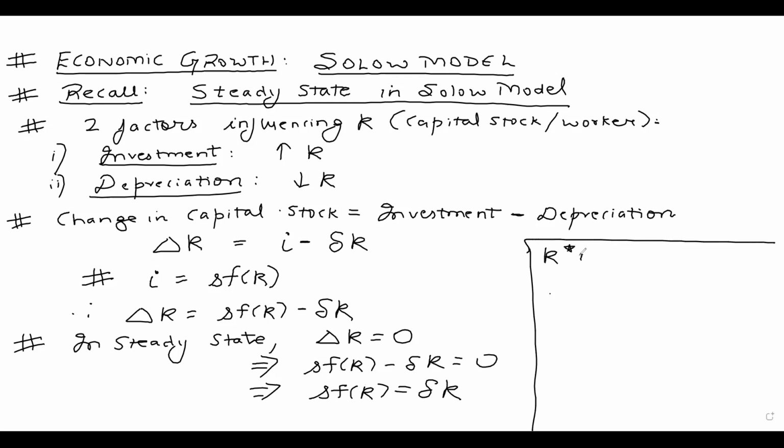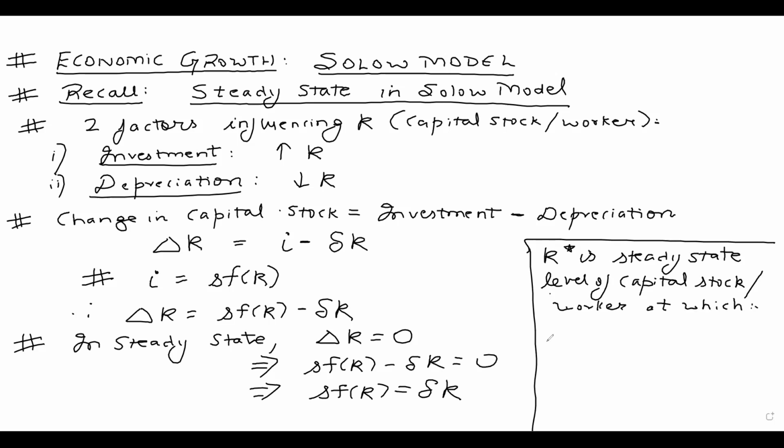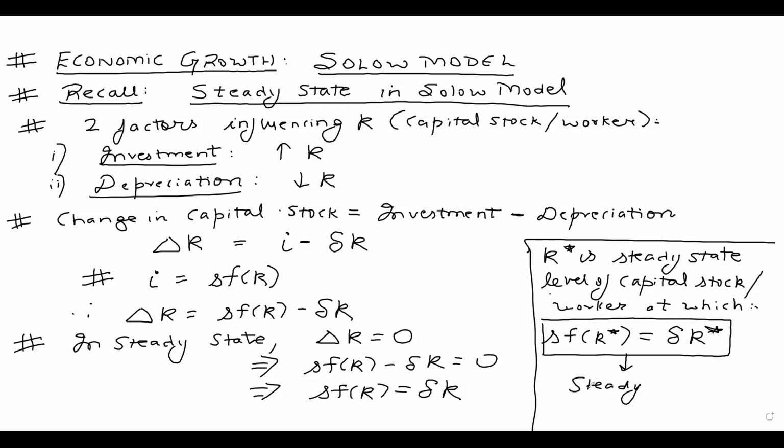K star is the steady state level of capital stock per worker at which our savings, s f of k star, exactly equals our depreciation, delta k star. So guys, this was the steady state condition which we had done in the previous lecture of economic growth.